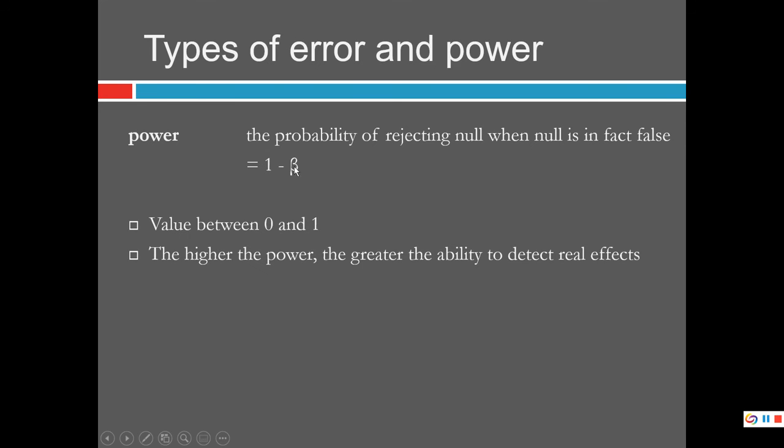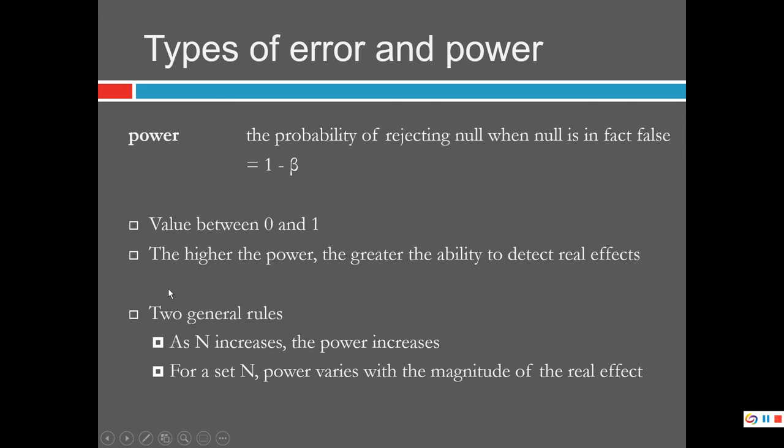Because beta always has a value between 0 and 1, power also always has a value between 0 and 1, and you want to maximize that value. You want it to be closer to 1. And the higher power you have, the more likely you are to detect actual effects. Another thing that's important to remember is power is also affected by other things you're doing in your studies.